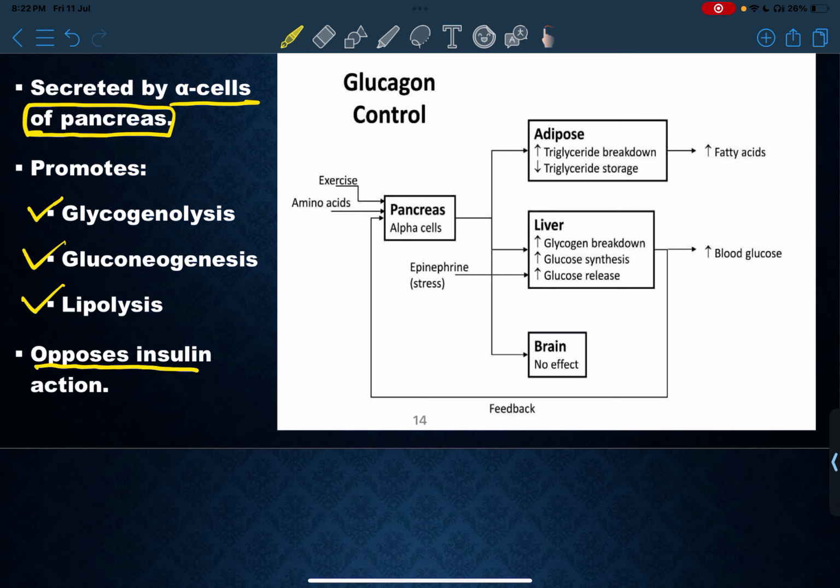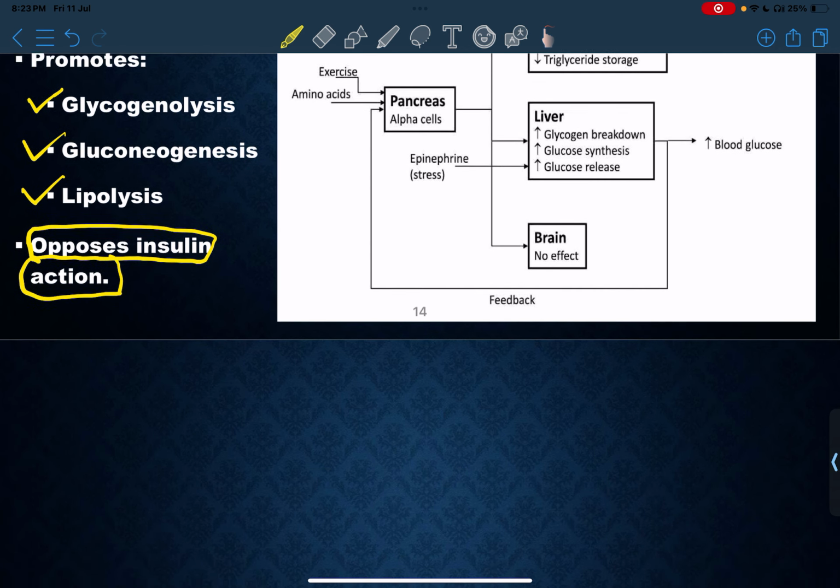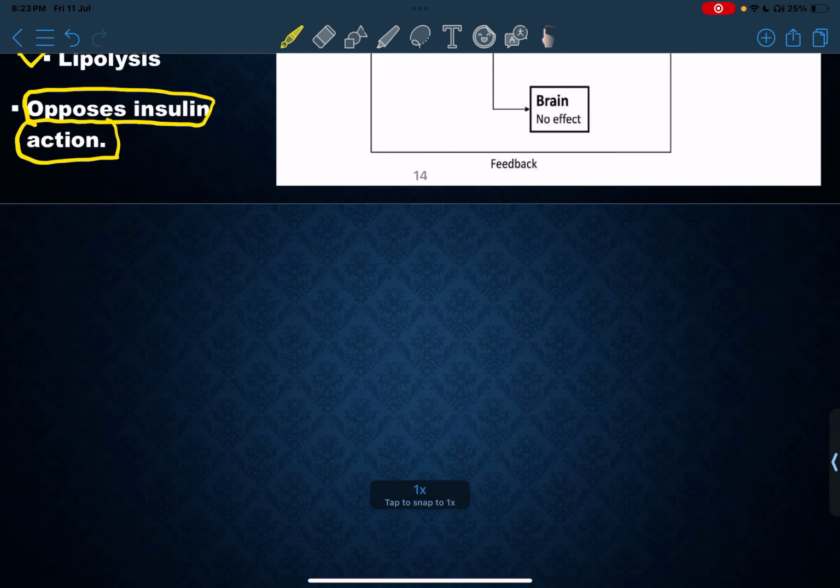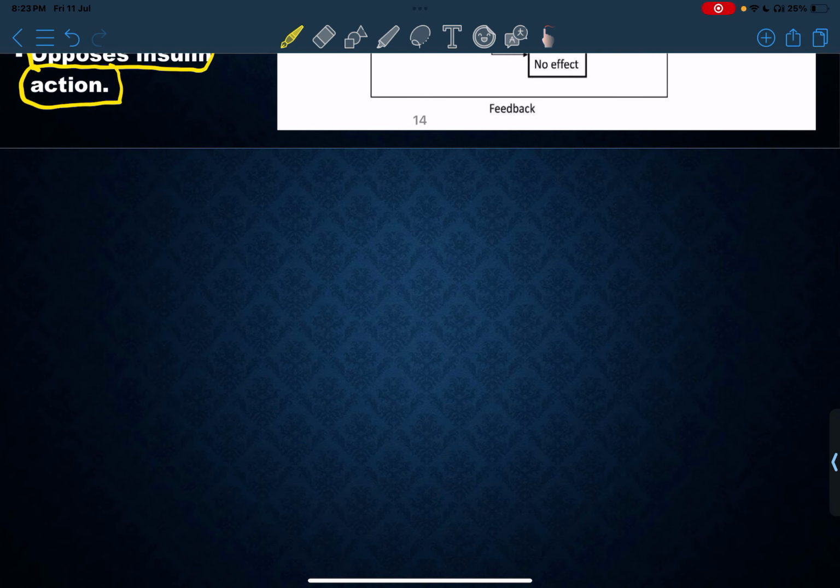It opposes insulin action; it does exactly the opposite. So this is the hyperglycemic hormone, meaning it increases the glucose level when the glucose level decreases from the normal level.